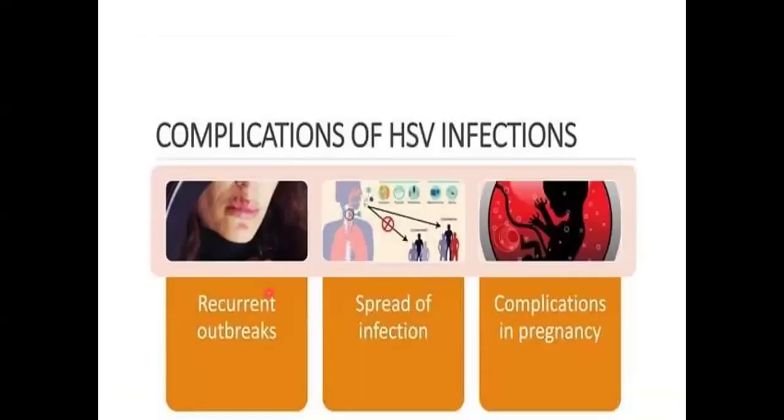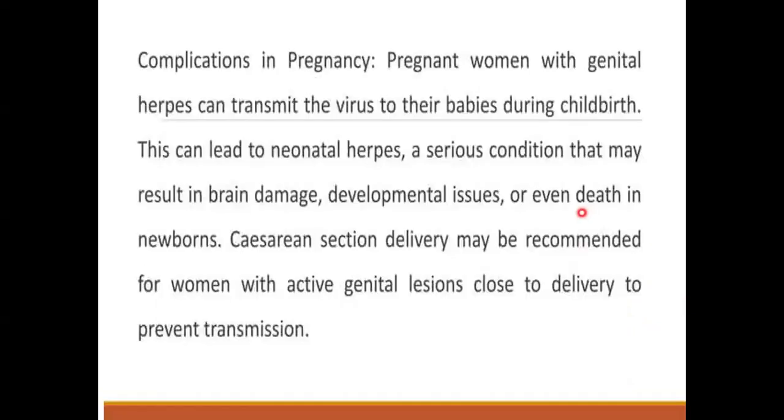Then complications. We have outbreaks, spread of infection, and then complications in pregnancy. As we had said, neonatal herpes can occur leading to meningitis. Complications in pregnancy. Pregnant women with genital herpes can transmit the virus to their babies during childbirth. This can lead to neonatal herpes, a serious condition that may result in brain damage, developmental issues, or even death in newborns.